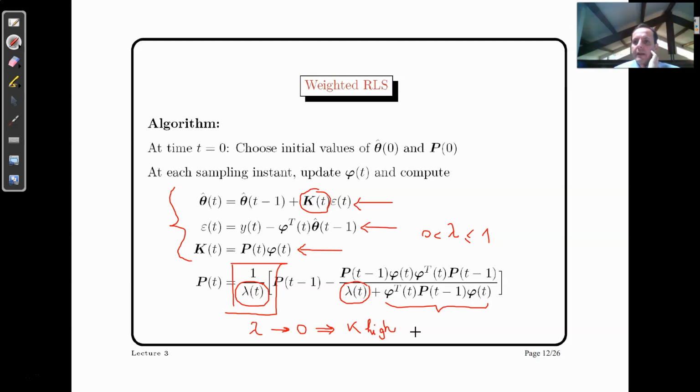Because if you think that when lambda is 0, you have 1 divided by a number which is very small. So 1 divided by something very small becomes very high. So P is very high, and if P is very high, you have K, which is very high.